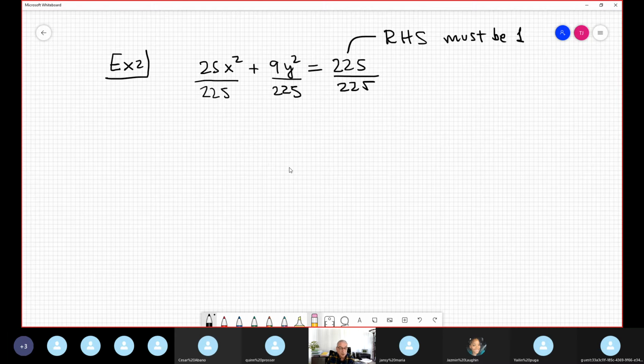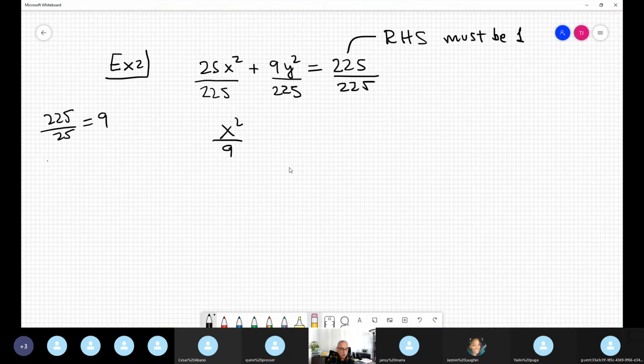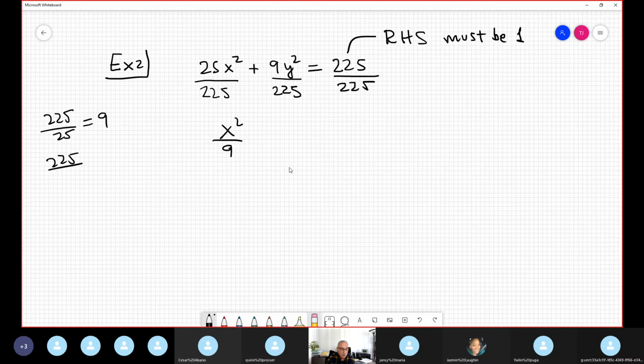Then 225 divided by 25 is 9, so 9 in the denominator. And likewise, 225 divided by 9 is 25. Plus y squared over 25 equals 1. Oh, much better.